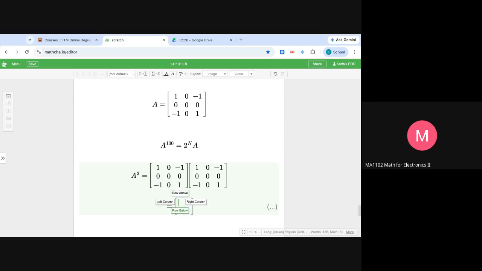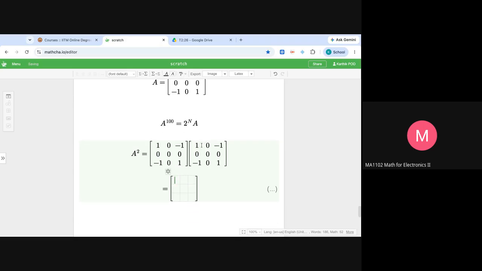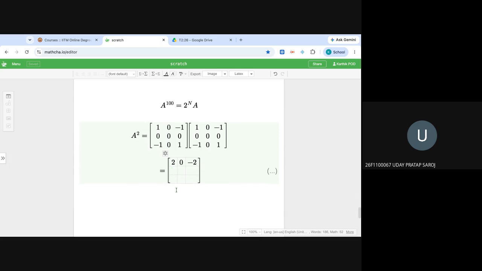So let's see this. If we multiply, we might get a sense of what is happening. This 1 0 minus 1, 1 0 minus 1 gives us 2. Then this is 0, and that 1 0 minus 1 will give us minus 2. These others are all zeros, then we have minus 1.